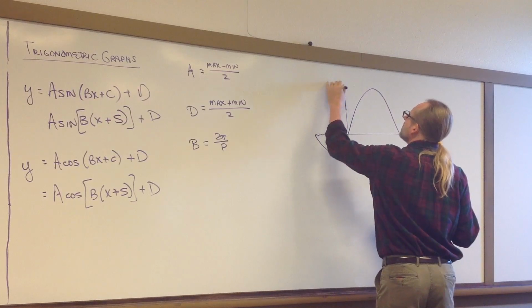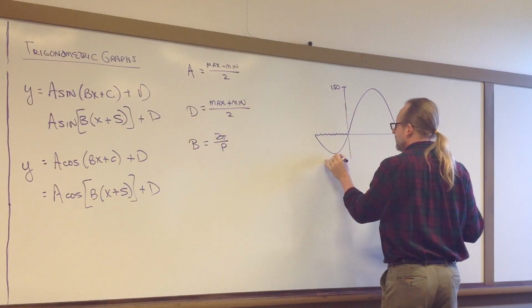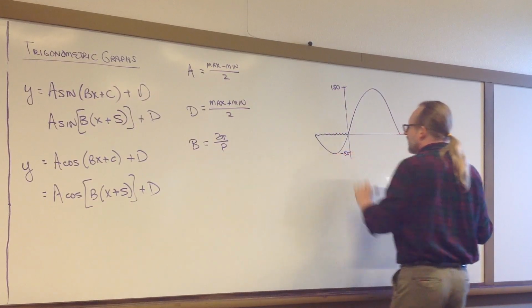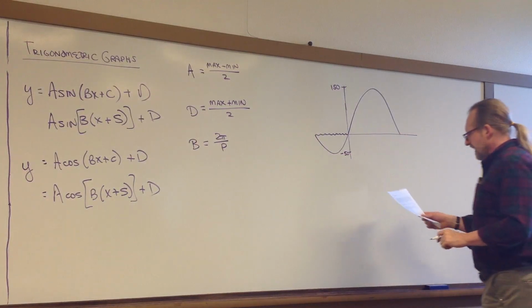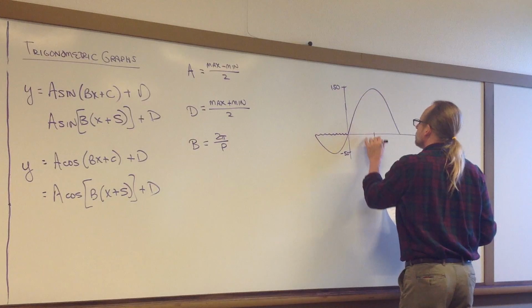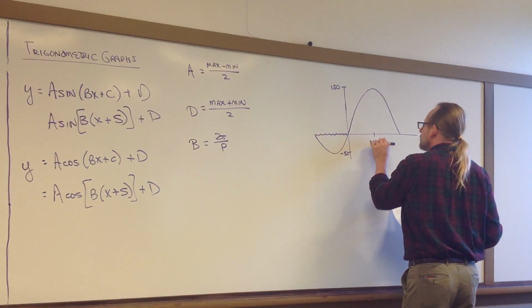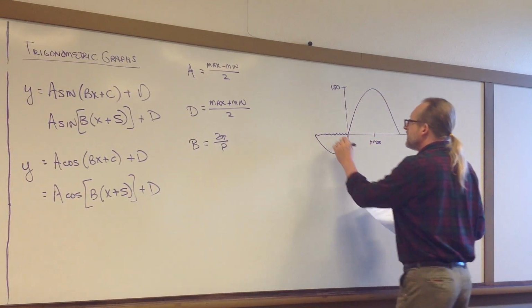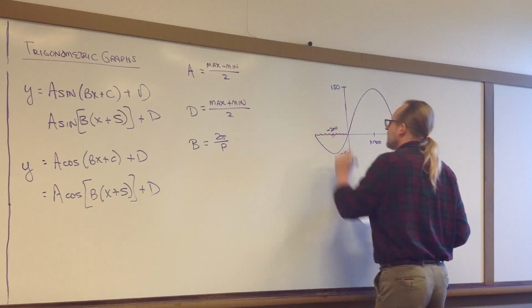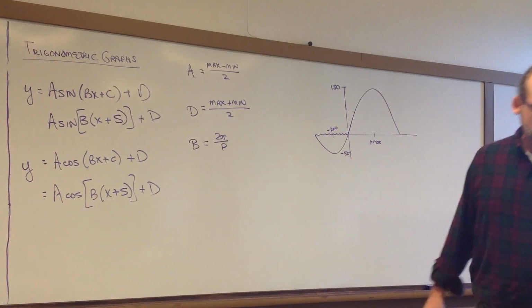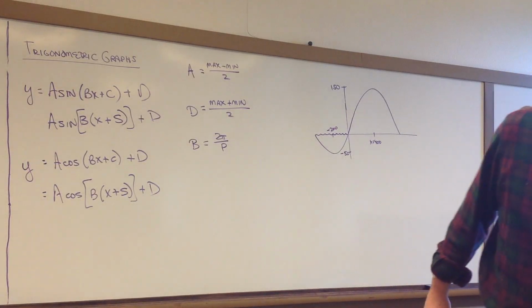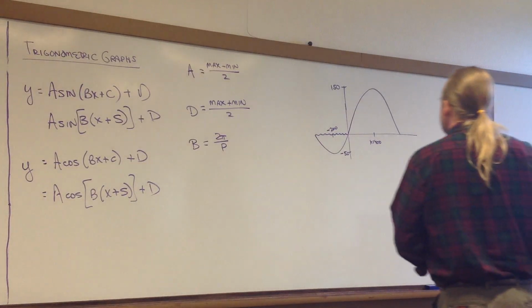That maximum height there is 150, and the depth of the lake is 50 meters. Let's see, that maximum value happens at x equals 400, and this minimum value here happens at x equals negative 200. Okay, so let's see, I think we've got enough information on here to get started.